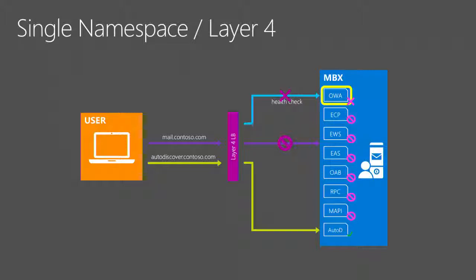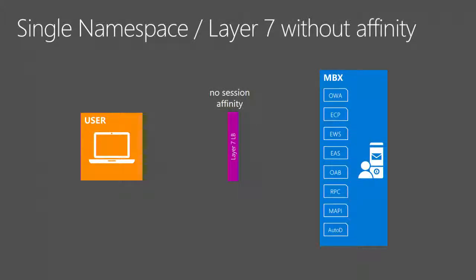Now you're taking the entire server out of rotation because one protocol failed, which you don't generally want to do. But as long as the health check passes, as long as the OA virtual directory is healthy in this case, the load balancer will continue to send traffic to this particular server. So that's one example. Another example would be to use still a single namespace, but using layer 7 without affinity.